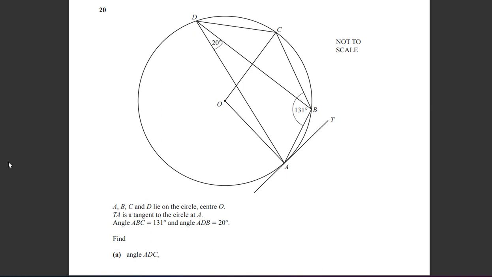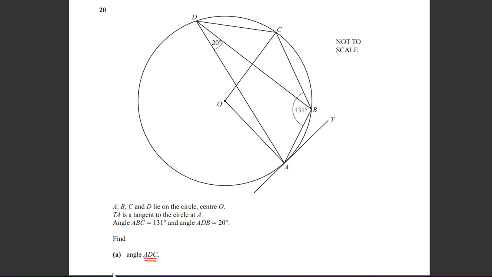He's telling me that A, B, C, D lie on the circle with center O, and TA is tangent to the circle at A. Angle ABC is 131 and angle ADB is 20. So all of it is written. Now he needs angle ADC. He needs this angle.